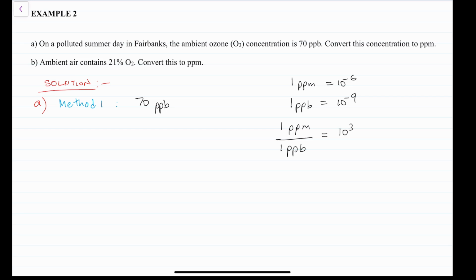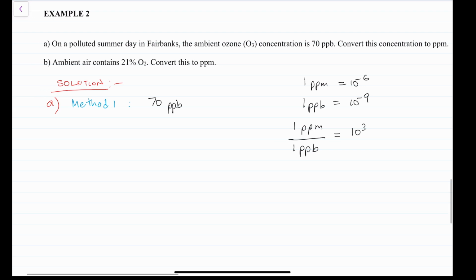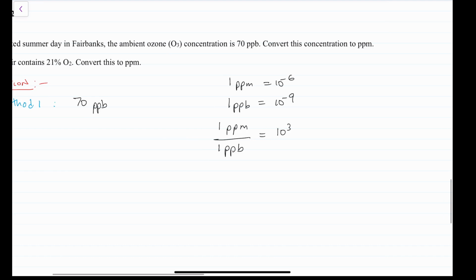So 1 ppm divided by 1 ppb is 10 to the power 3. So we can say that 1 ppm is 1000 ppb.